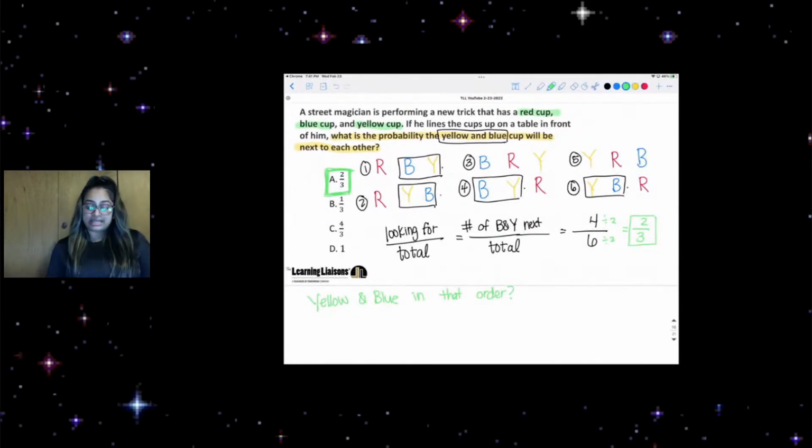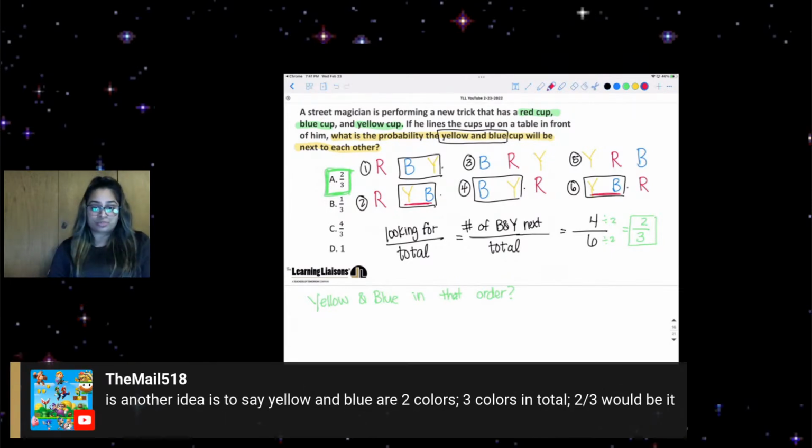Well, instead of having 4, we have a different amount because we want yellow first and then blue. So we look back at what we have and we have 1, 2. 2 of our combinations have yellow and then blue that are next to each other and in that exact order.